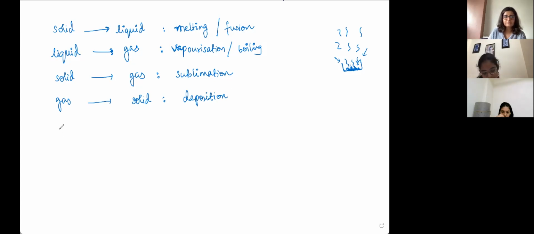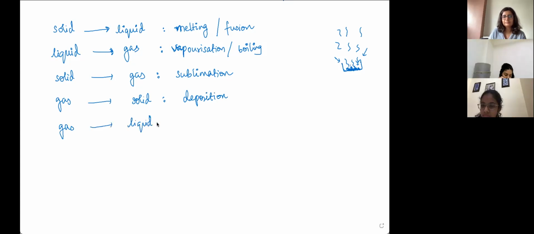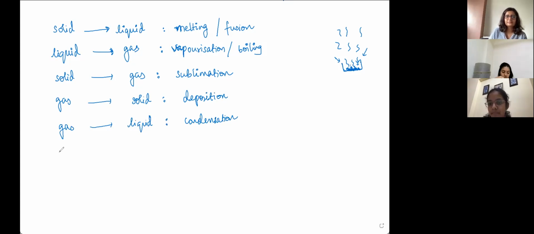Okay, gas turning into liquid. Condensation. Yes, gas to liquid is condensation. And liquid turning into solid.